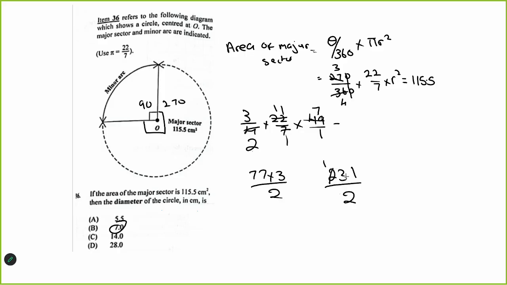We got 11.5 and 15.5, so you know the answer is B. So using a process of elimination by using the answers, you see this way would be way easier than trying to make r the subject. Yeah, so 7 is the answer for this one.